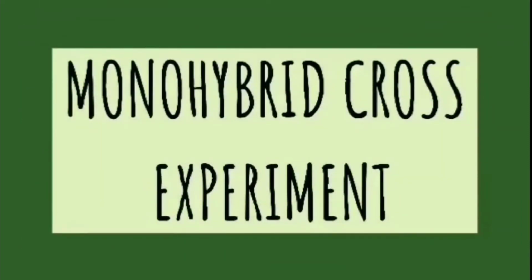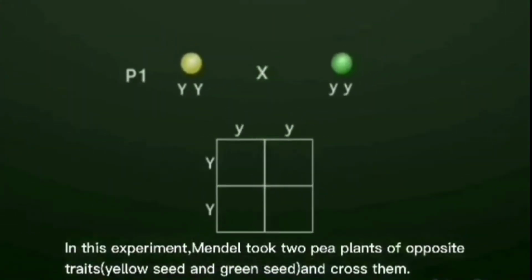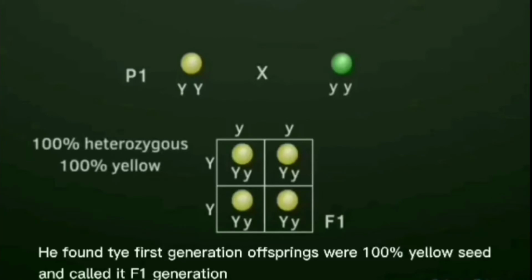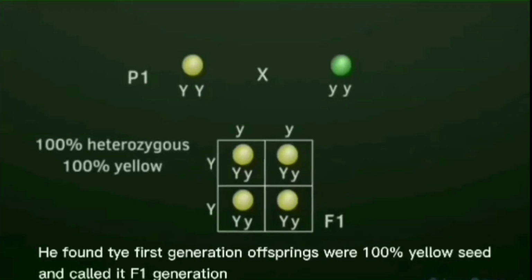Monohybrid cross experiment. In this experiment, Mendel took two pea plants of opposite traits, yellow seed and green seed, and crossed them. He found the first generation offspring were 100% yellow seed and called it F1 generation.